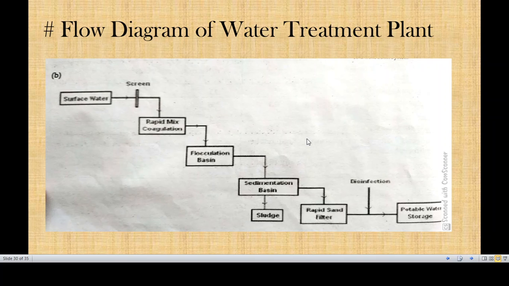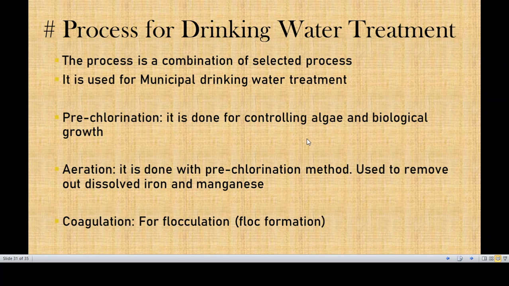Now the surface water goes through different kinds of methods, and these methods finally give us a product which is drinkable. This drinkable system includes processes such as, first, pre-chlorination. Now what do you mean by pre-chlorination?